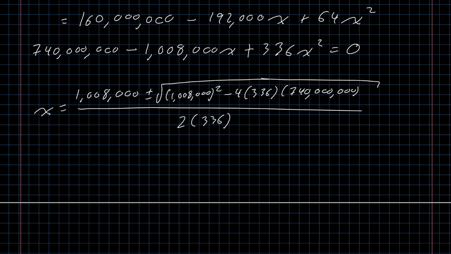All right. Now let's hope that I got everything into my calculator correctly. So 1,008,000 squared minus 4 times 336 times 740 million. My calculator tells me it is too big.